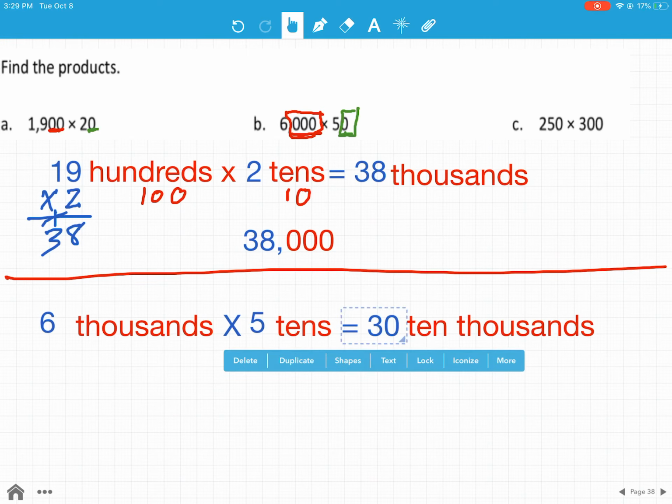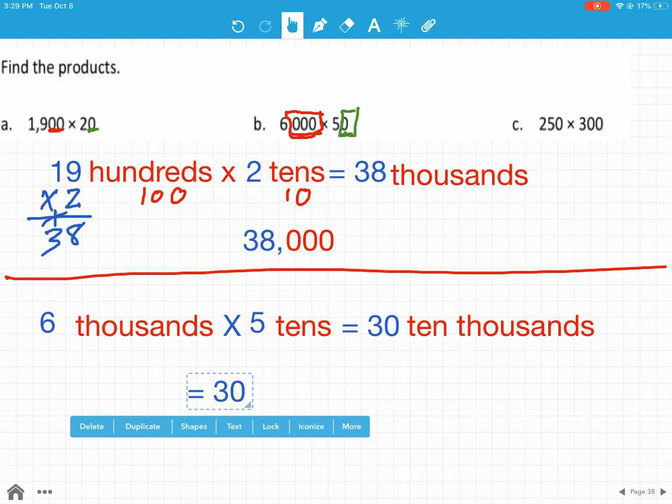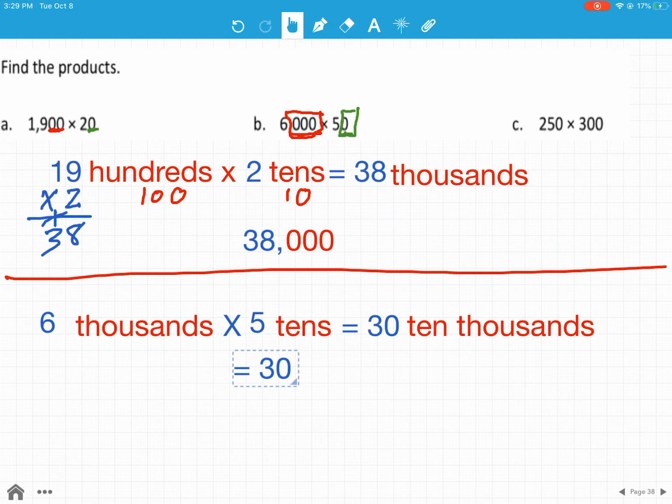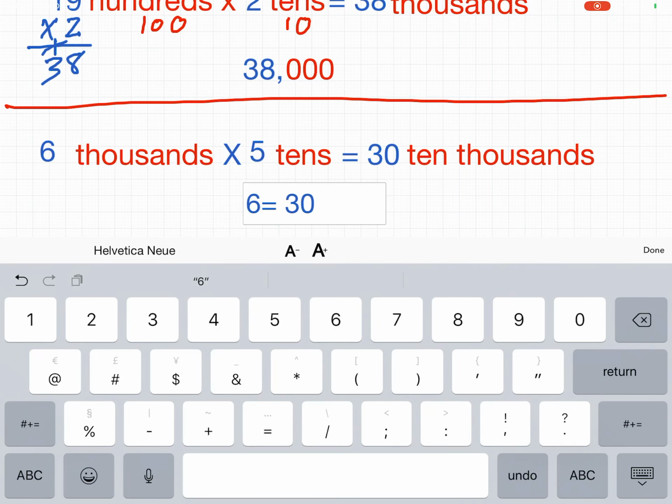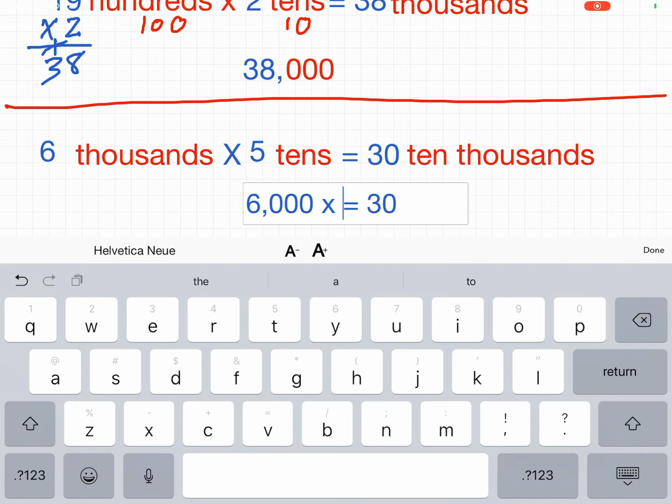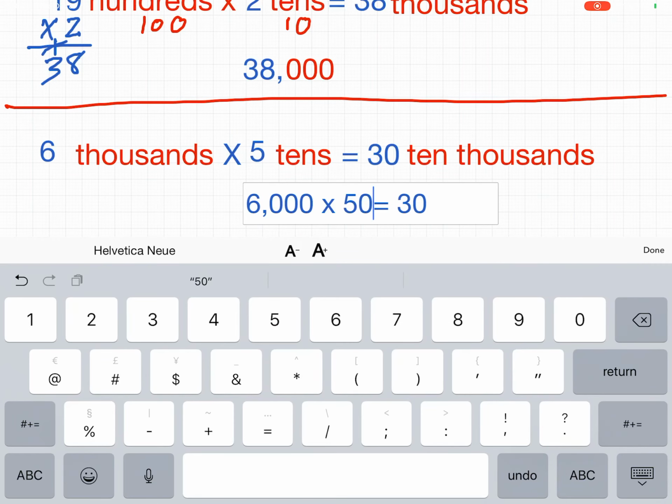We're going to take that 30. We have our first problem though, of course. The problem was 6,000 times 50.